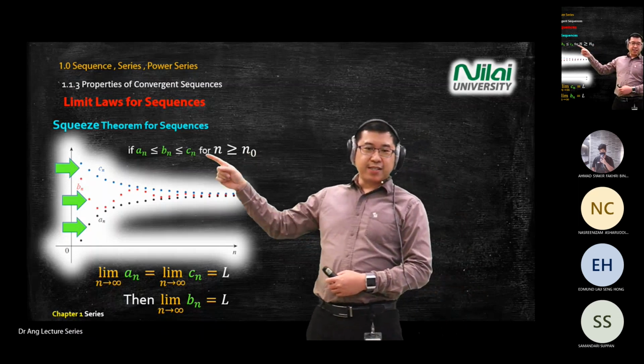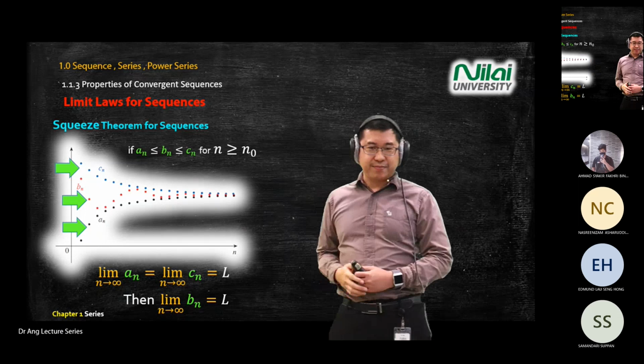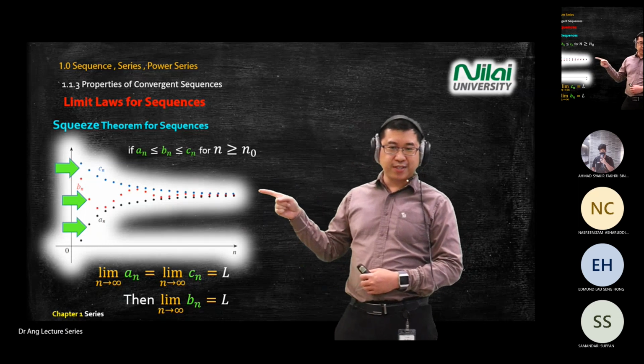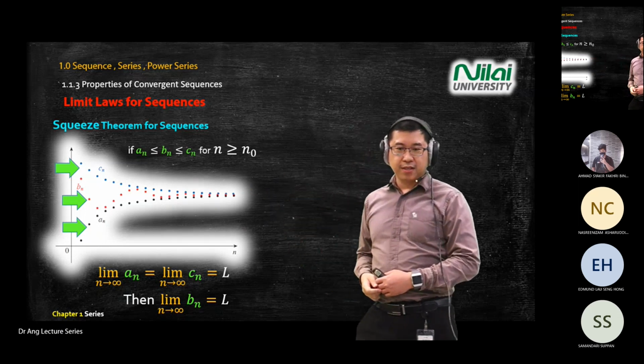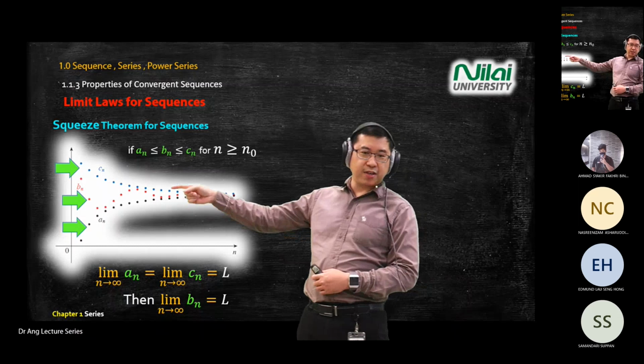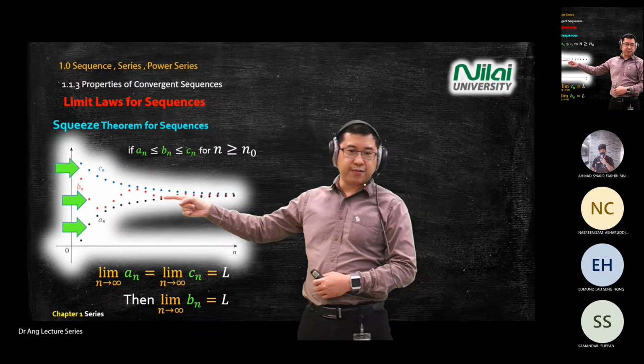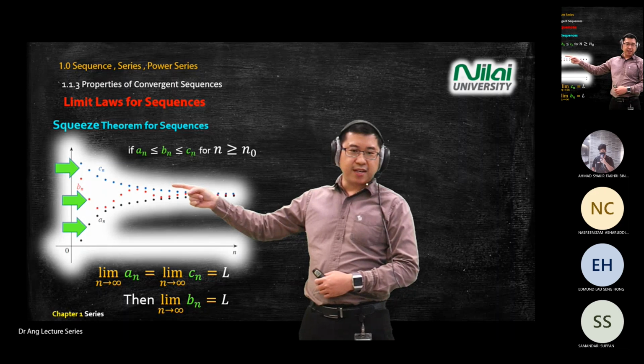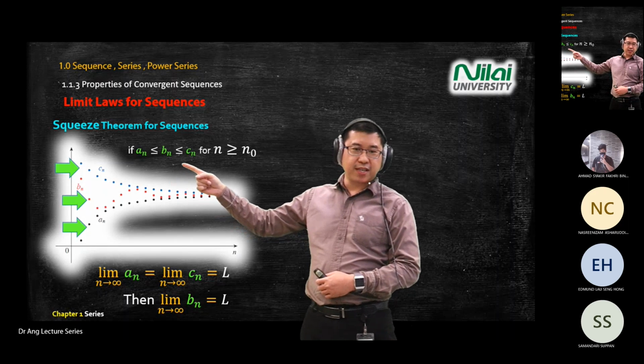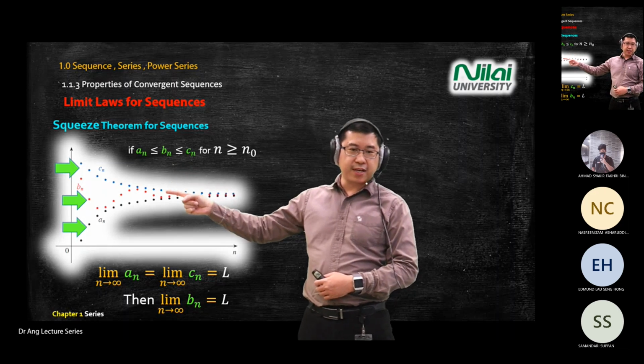Then you have the second set of data C, also converging at 5. Then you are given a third set of data that meets this equation, which means all the data is always between A and C.